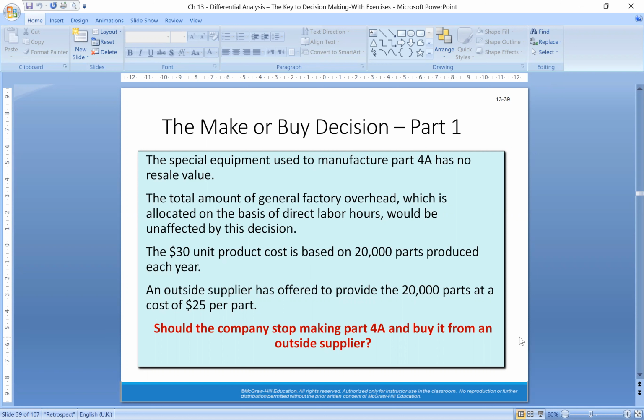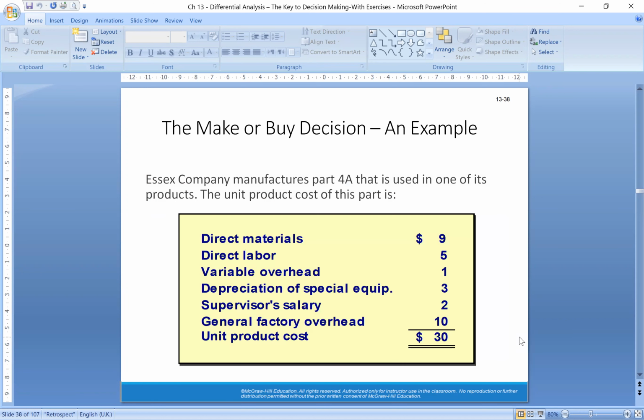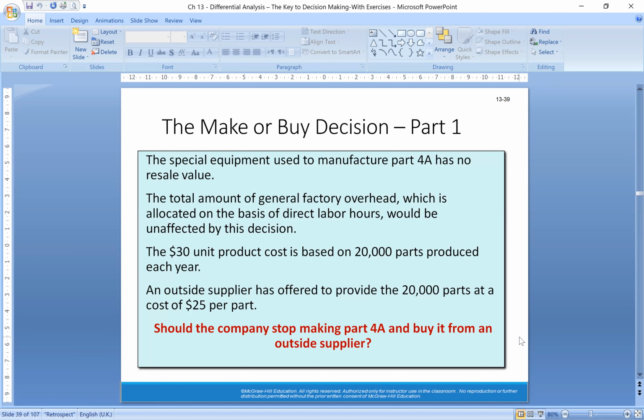The total amount of general factory overhead, which is allocated on the basis of direct labor hours, would be unaffected by the decision. General factory overhead, go back again: the $10 will not be changed whether I buy or make, which means it is also irrelevant.